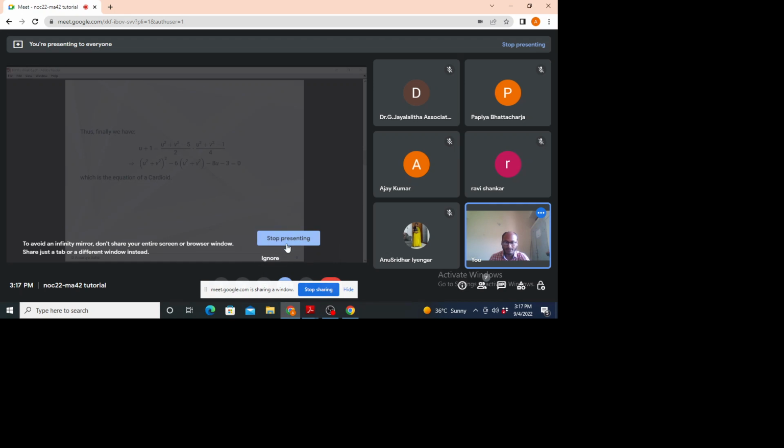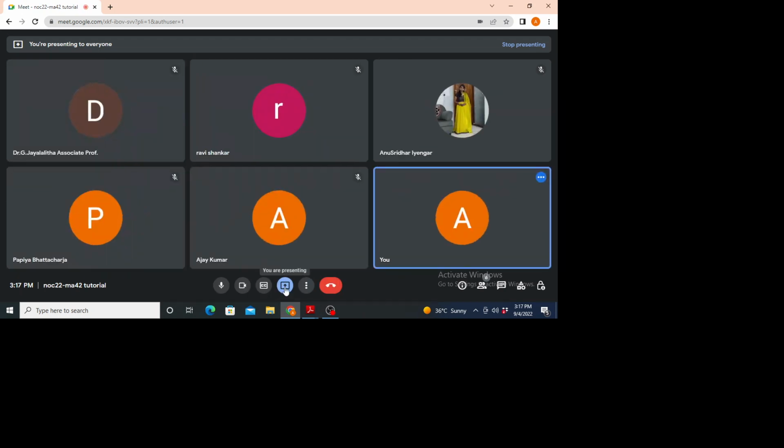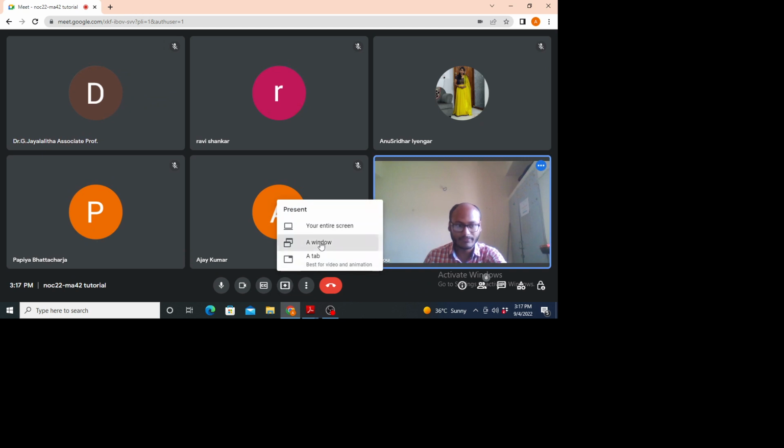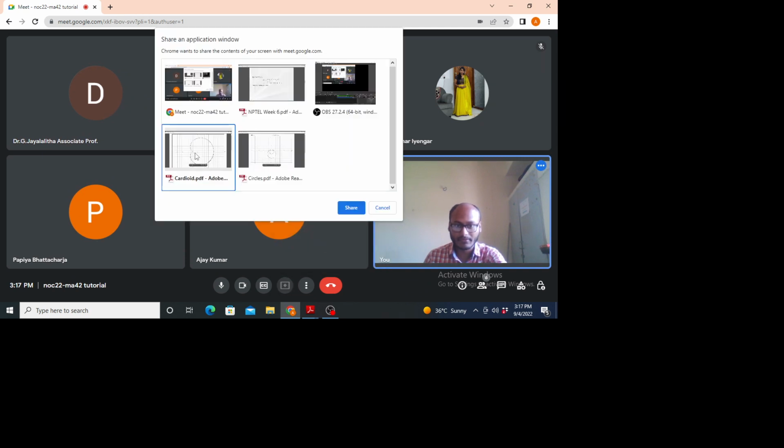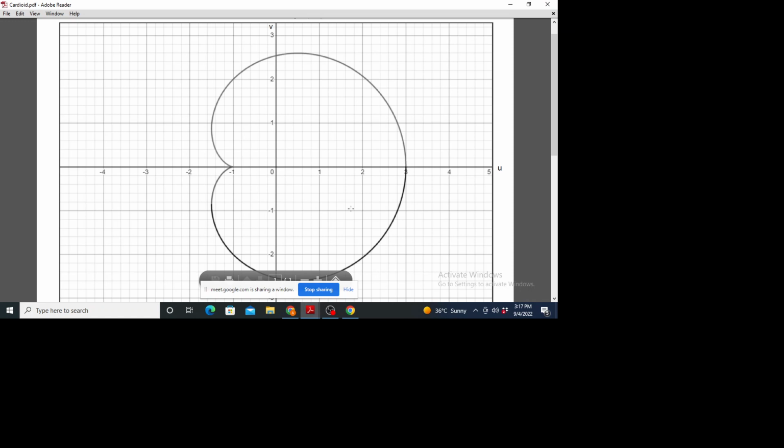Let me show you. I hope you can see this. If you plot the equation that I have just shown, you will get this heart-shaped curve, and that is why it is called a cardioid.